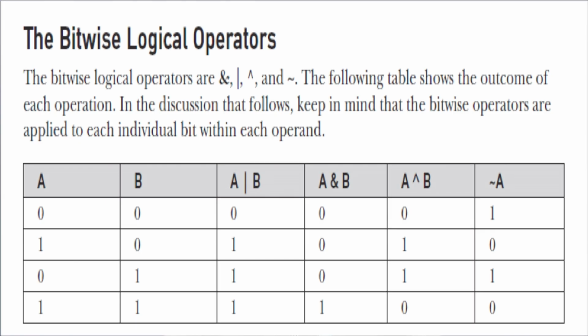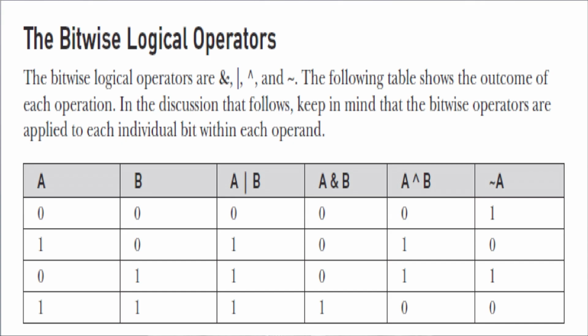This is one more example here. By using this table you can understand the bitwise operation. The first column represents A and the second column represents B, and in the third column you can see A or B. For the output A or B, if any one of A and B is 1, then the answer will be 1.